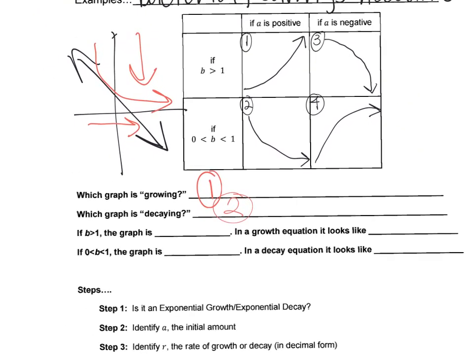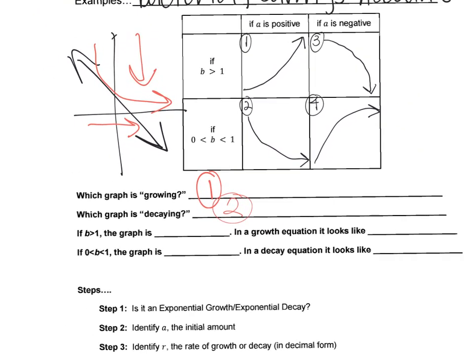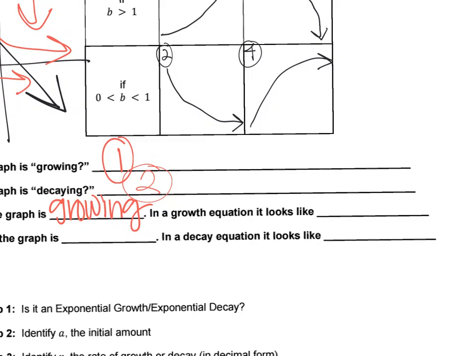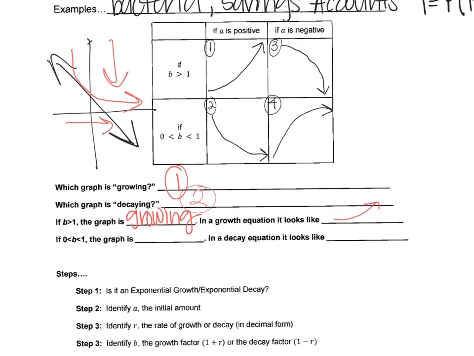So what we came to our conclusion, if B is greater than 1, then the graph is growing. And the graph of the exponential growth equation goes up like that. It's got that curve.